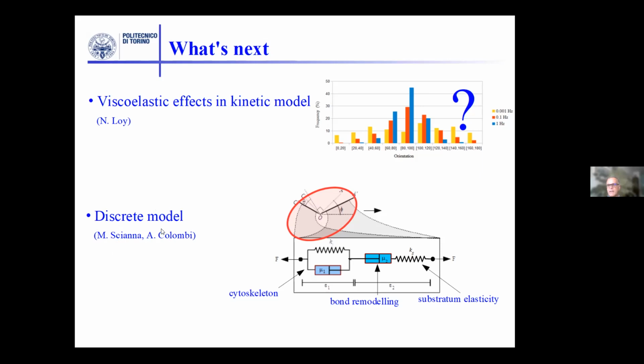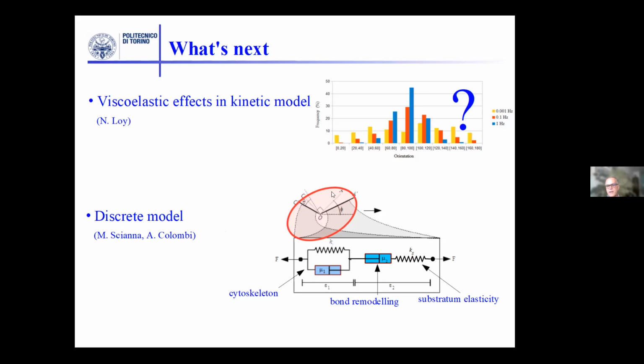The other thing that we are trying to do is to introduce the effect of the substratum, because it is found that when the substratum is too soft, this reorientation does not occur. Instead you find cells either elongated along the stretching direction or perpendicular to the stretching direction.